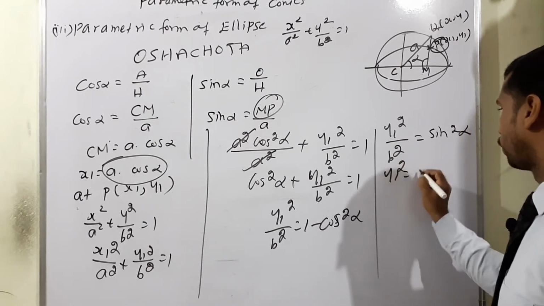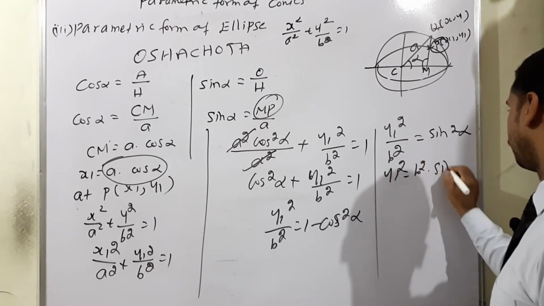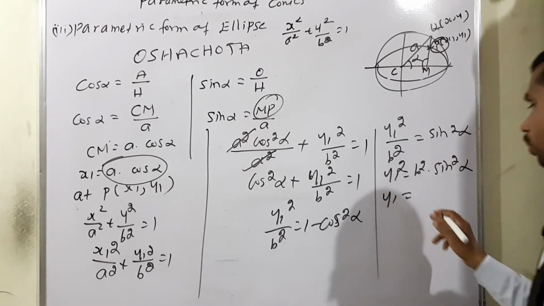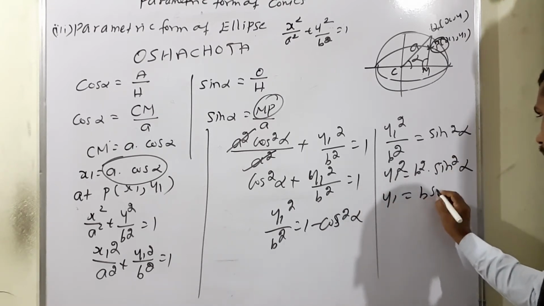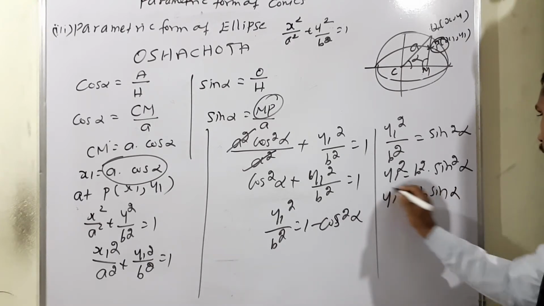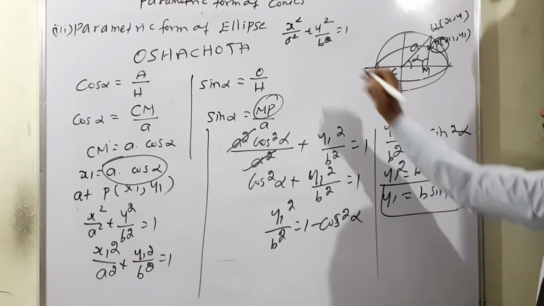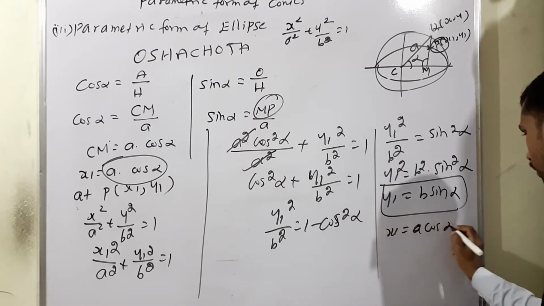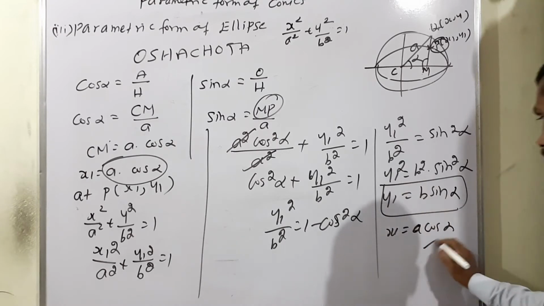Therefore y1 square is equal to b square sin square alpha, so y1 is equal to b sin alpha, taking the positive value only. Therefore the parametric form of the ellipse is x1 is equal to A cos alpha, y1 is equal to b sin alpha.